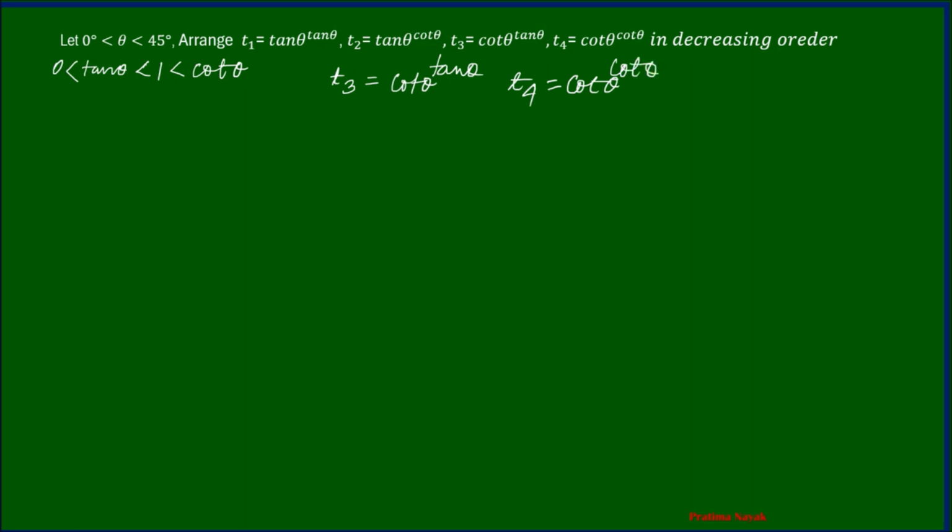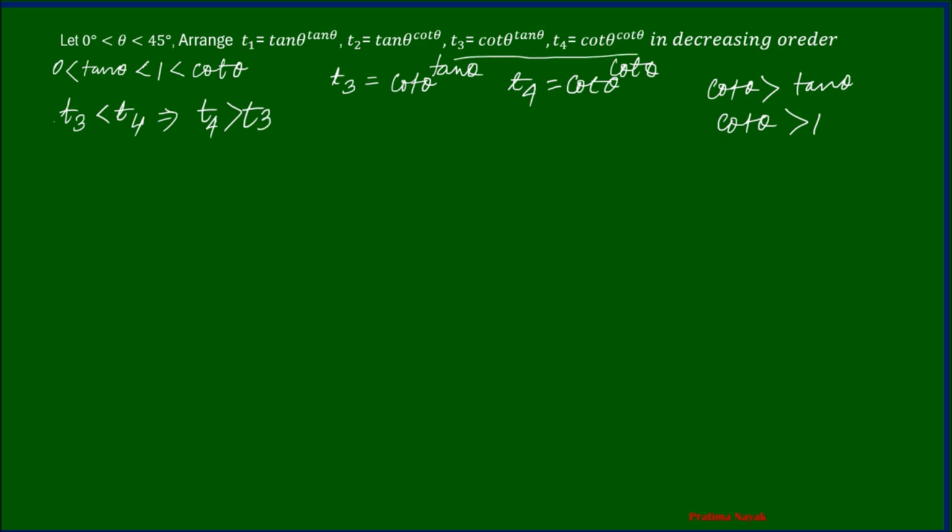So cot theta is greater than tan theta, and cot theta is greater than 1. So T4 is greater than T3. T3 is less than T4. These have the same base, so we compared.